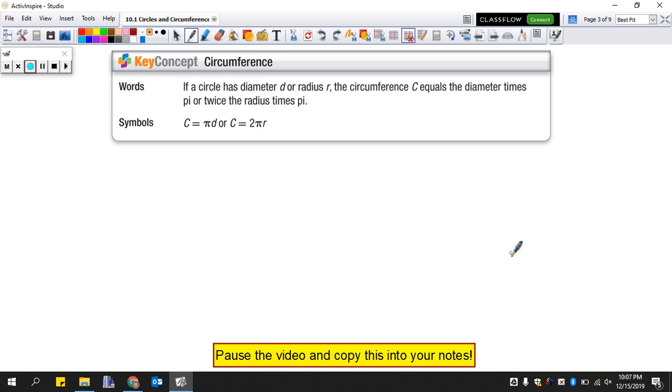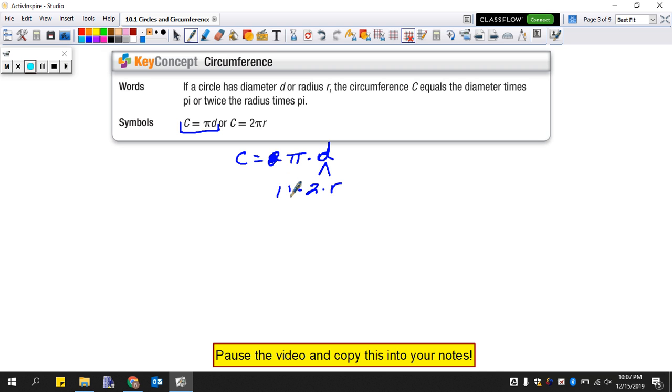And then the last set of notes that you need to copy into your notebook before we start doing examples is the formula to find the circumference of a circle. To find the circumference, you can take pi times the diameter, or because of the relationship between diameter and radius, the diameter is 2 times the radius.